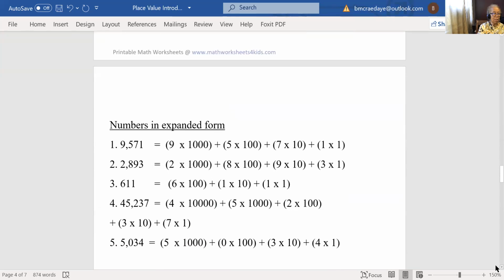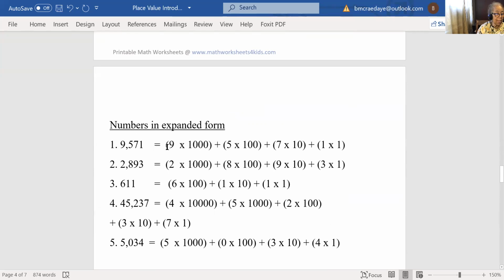Now, another form of a number is what we call expanded form. And we have been saying this, but just to emphasize, let's show you what it looks like. 9,571. You have 9 thousands, 5 hundreds, 7 tens, and 1 one.